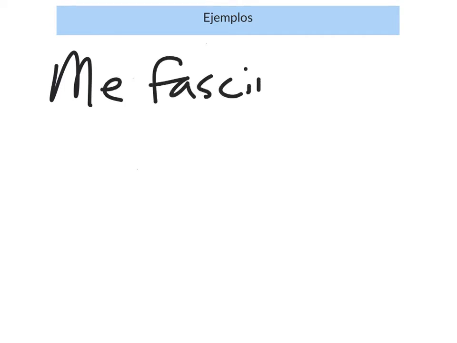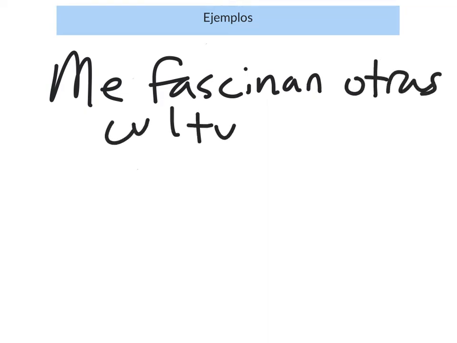The next verb we'll look at is fascinar, to fascinate. Me fascinan otras culturas. Other cultures fascinate me, or I'm fascinated by other cultures. This is something that I like.